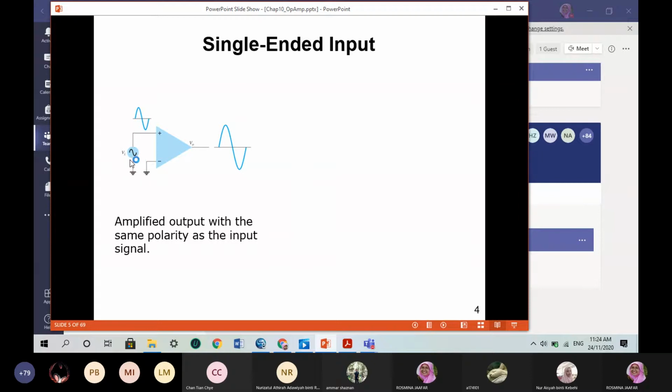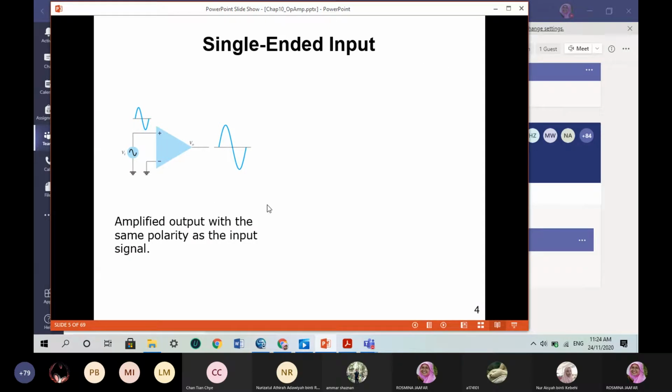So for example, when you apply the input to the non-inverting input terminal, the output will be the same polarity. Same polarity means same phase. So when you give a positive phase of the input, the output will have a positive phase also, with amplitude that depends on the gain of the amplifier.